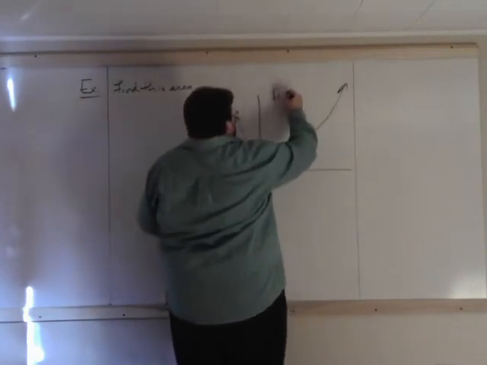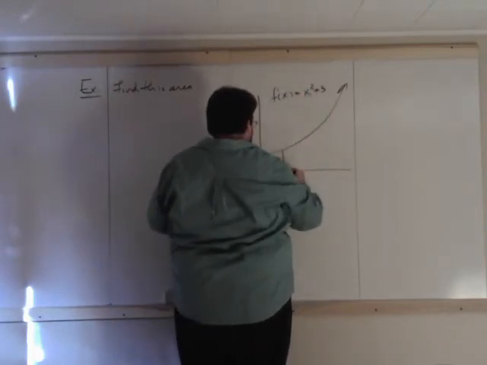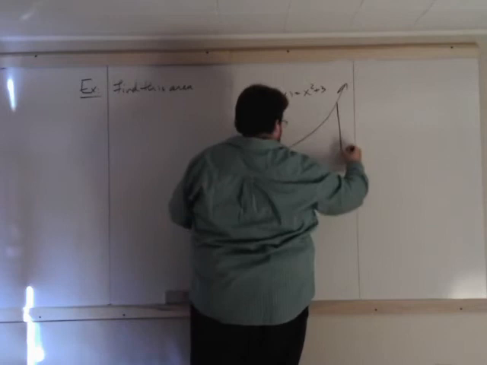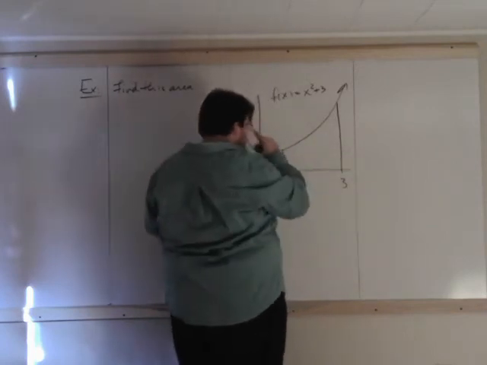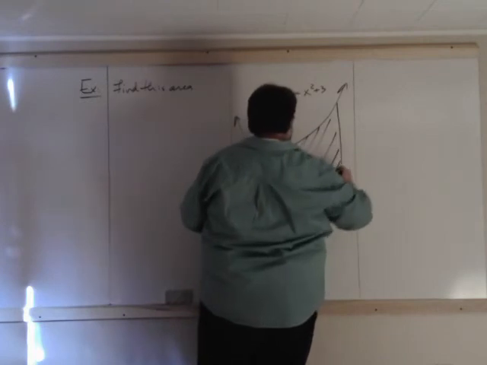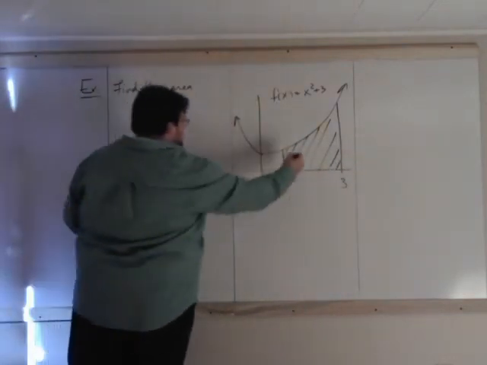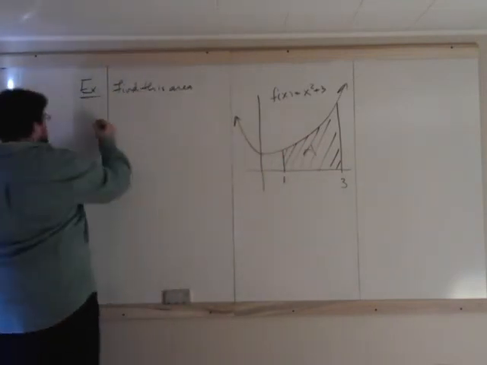This is f of x equals x squared plus 3. We're looking at the interval 1 to 3. We want this exact area. We'll call that A, so we have a letter.